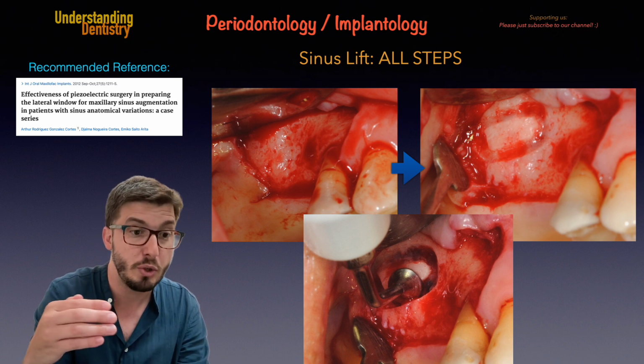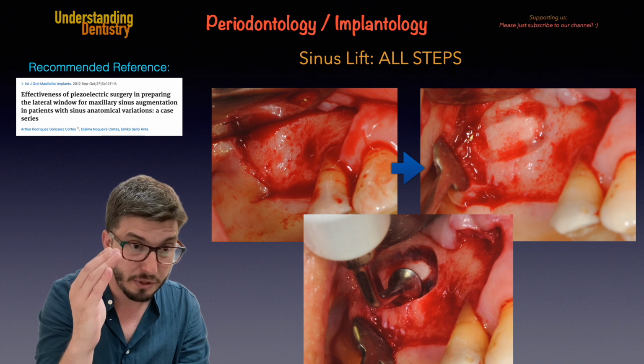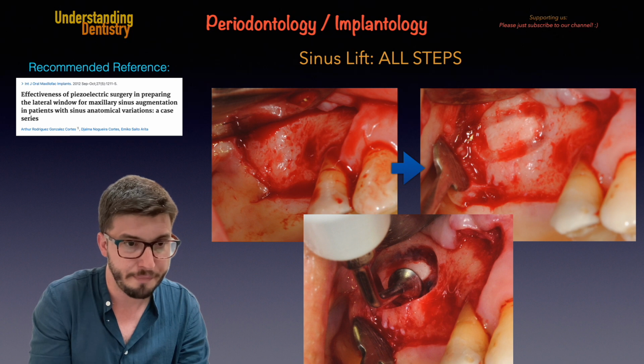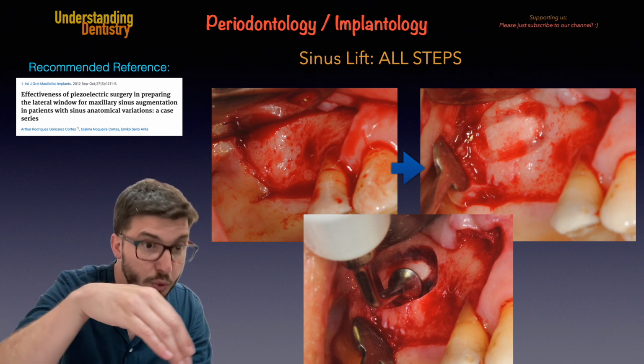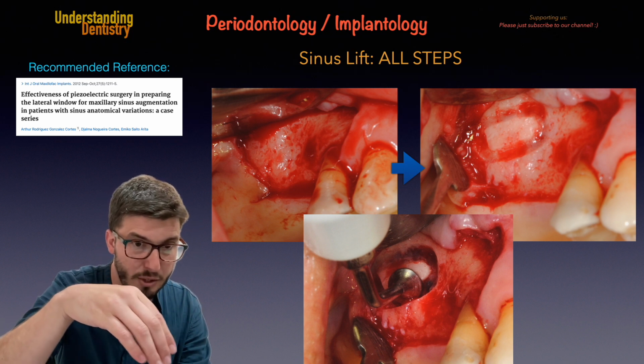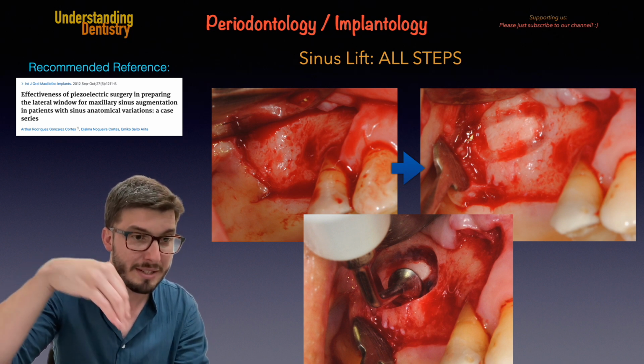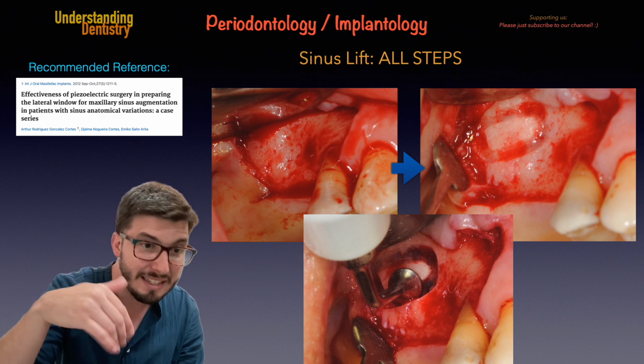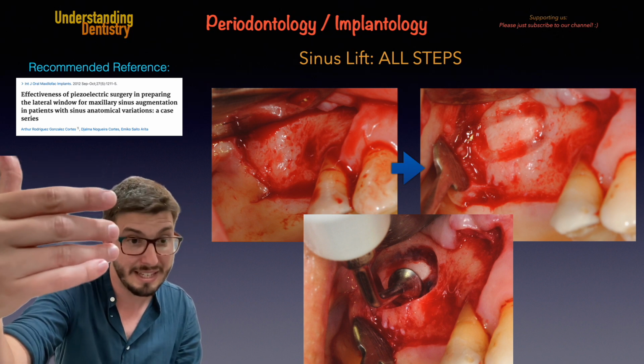You would use the curette with the concavity facing the bone, so facing the sinus floor. The back of the curette would elevate the membrane, always touching the bone, and then you would go slowly elevating the membrane until the palatal aspect of the sinus.